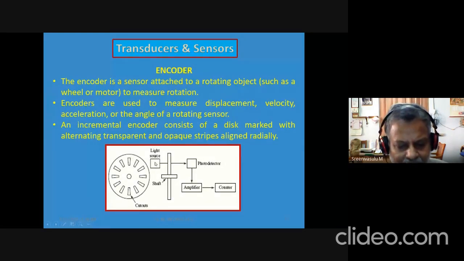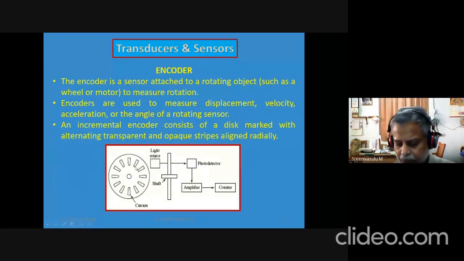You have a light emitting source here, and you have a photo detector. This particular disc is mounted on this shaft. When this shaft is rotated, the disc also rotates. When light is made to pass through this disc, there are alternate slots.